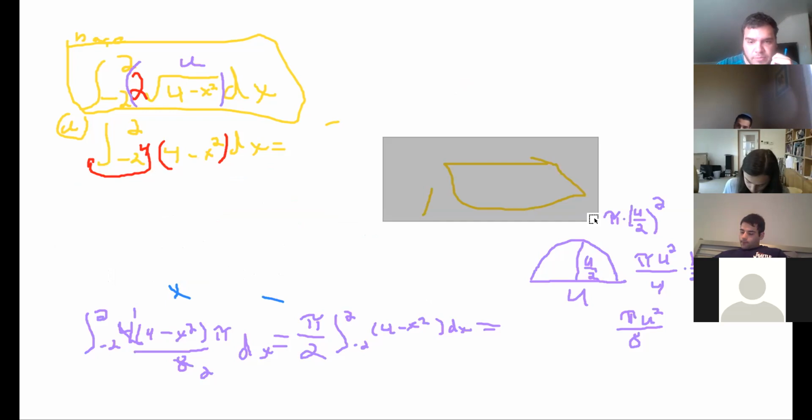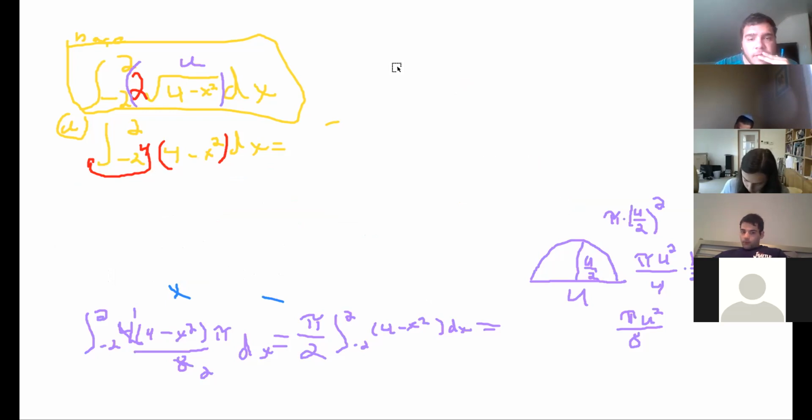Okay, so let's see, orange. We're going to do the last one, D. Now it's an isosceles triangle, with the hypotenuse on the ground. So our base is still our function, our integral.